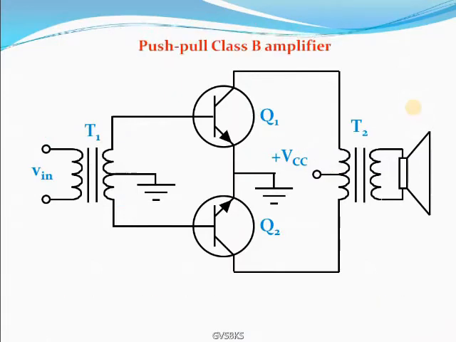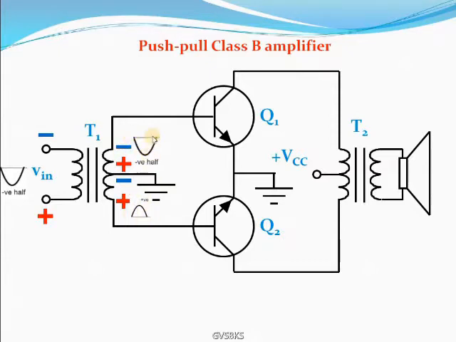Let us see what is happening in the negative half cycle. In the negative half cycle, the upper side of transformer 1 is negative and the downside is positive. Because of this, the exact same replica will be produced at the center tapped secondary, which means a negative half cycle is produced at the upper side and in the downside we get a positive half cycle.